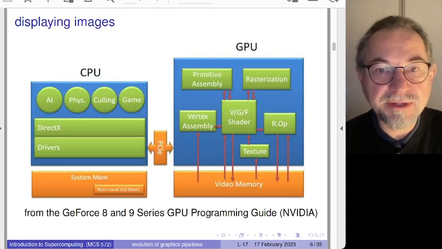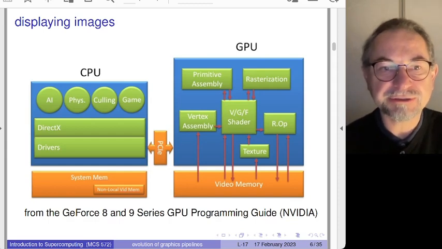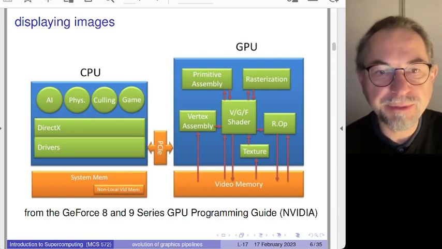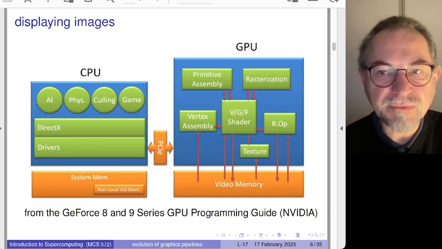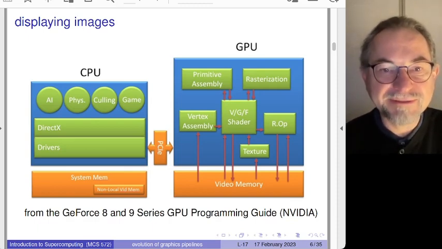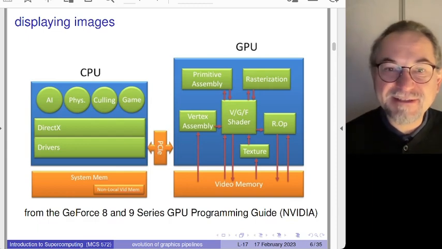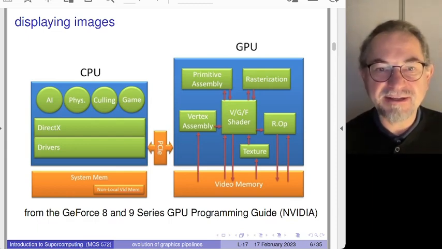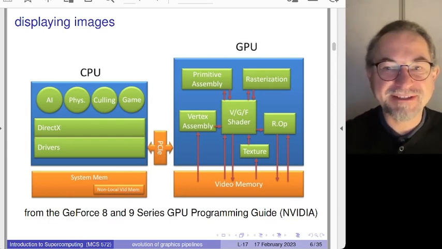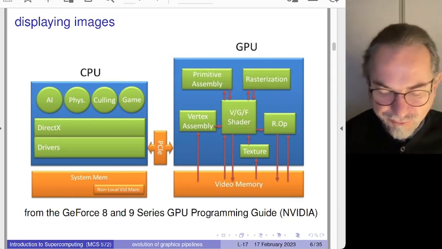Okay, here is an image of the CPU versus the GPU. What is in between there is the PCIe, and that is actually something that I had to look up also.